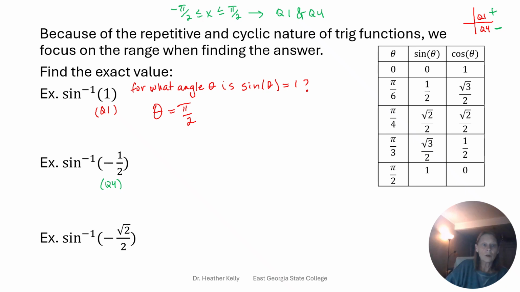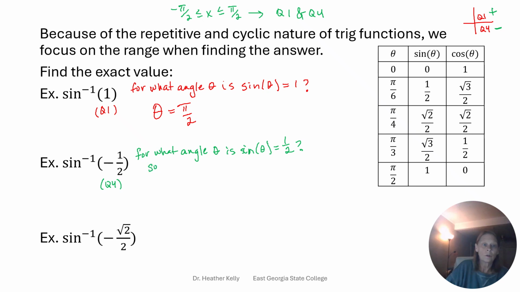Okay, so what we want to know here is for what angle theta is sine of theta. And I'm not going to go so far as to get all in the weeds with the negative 1/2. Let's just figure out 1/2. Let's find that out first.